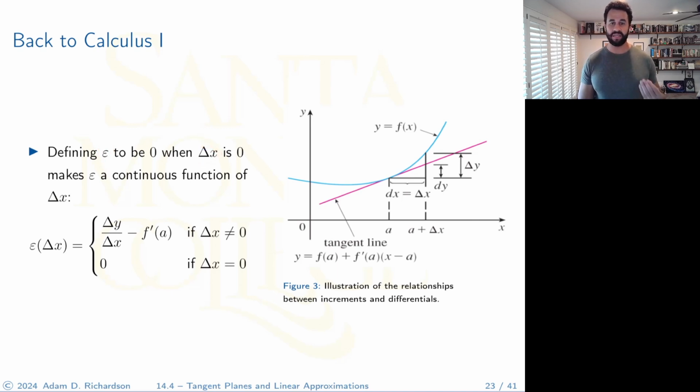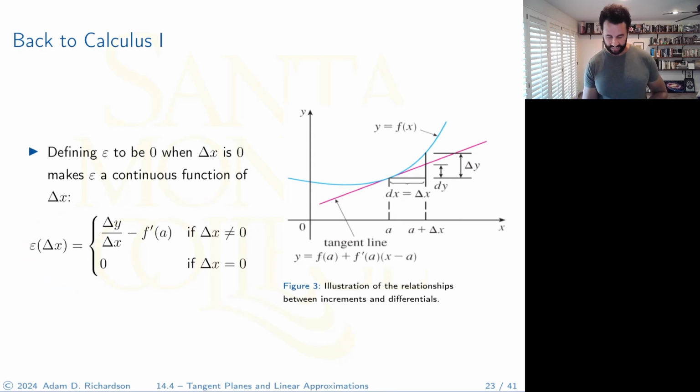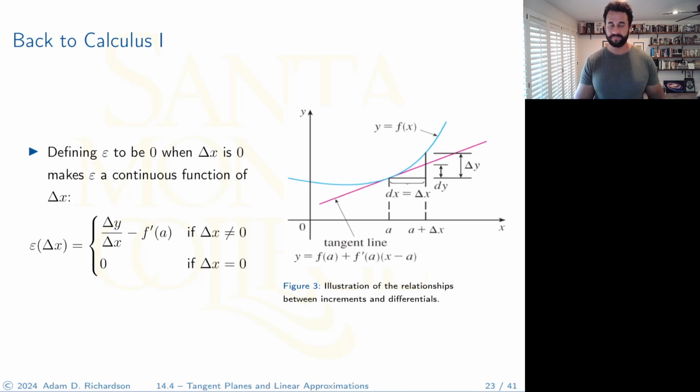And that actually makes epsilon a continuous function of delta x. So this is what epsilon is defined as: the difference between the slope of the secant line and the slope of the tangent line, as long as the increment is not 0. And when the increment is 0, we just define that difference to be 0. This is a continuous function of delta x.